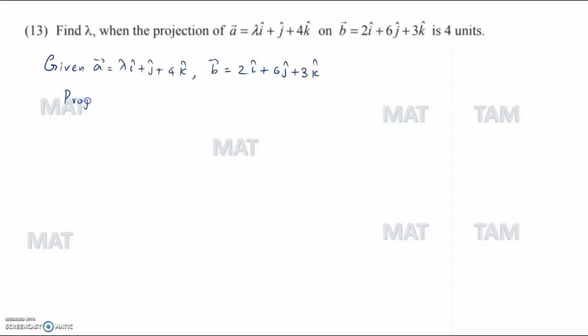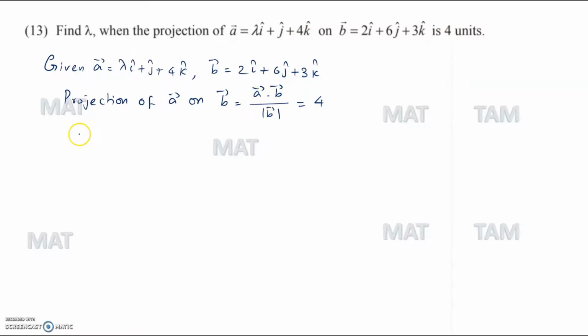Now the projection of vector A on B is equal to A dot product with B divided by magnitude of B. So substituting the values, we know that this is 4.